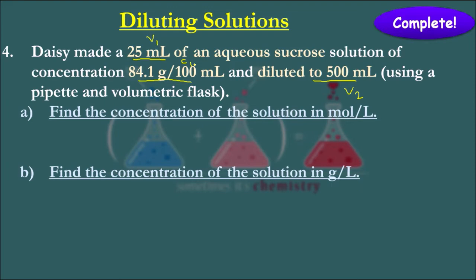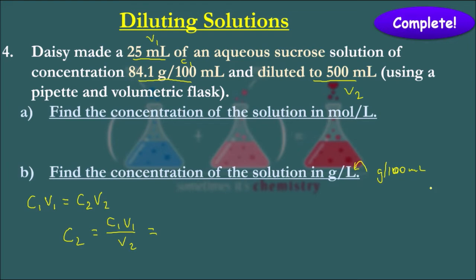Okay, if we're talking about grams per liter, that's relatively straightforward. Again, we go back to this formula here. We want to find C2, so it is C1V1 over V2. If we're doing grams per liter, we need to convert the grams per 100 milliliters into a liter.